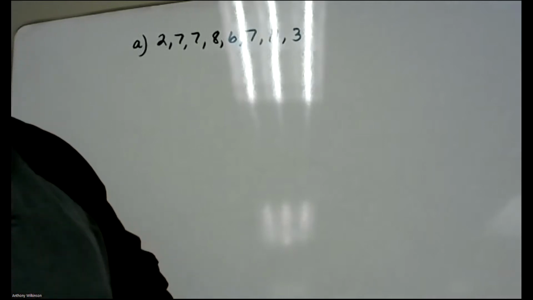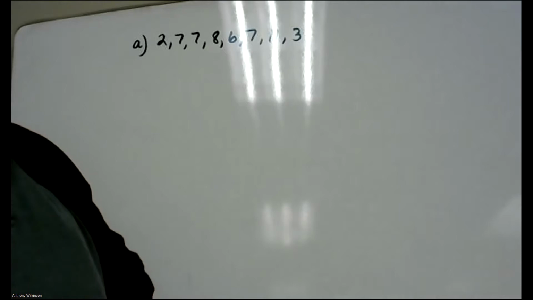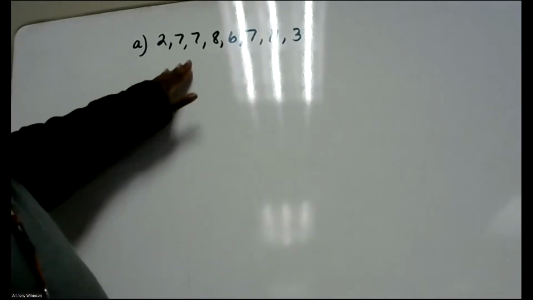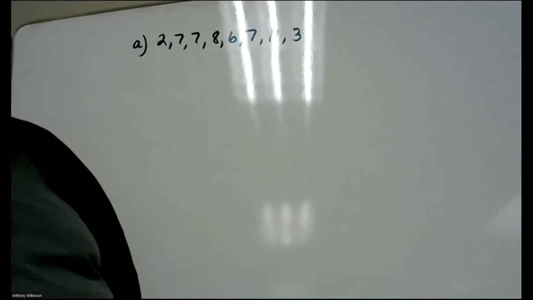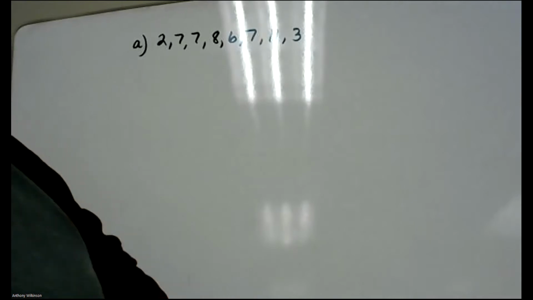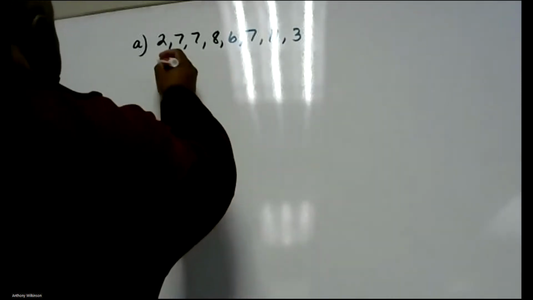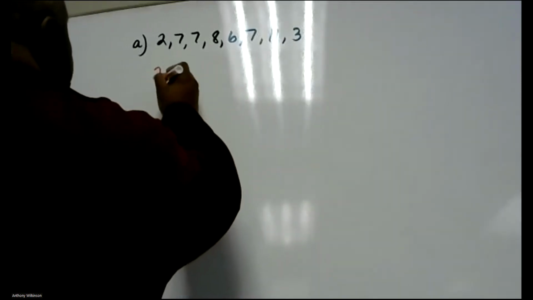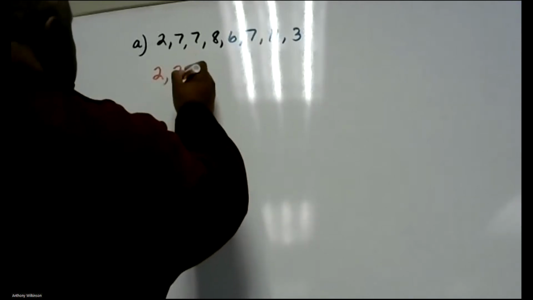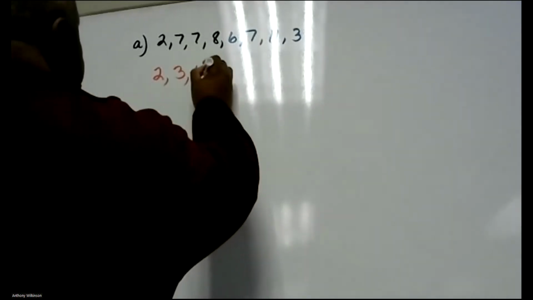Well, before I do anything, what I need to do is put this data set in numerical order from least to greatest. So I'll start with the 2, and then 3 will be next, then 6.